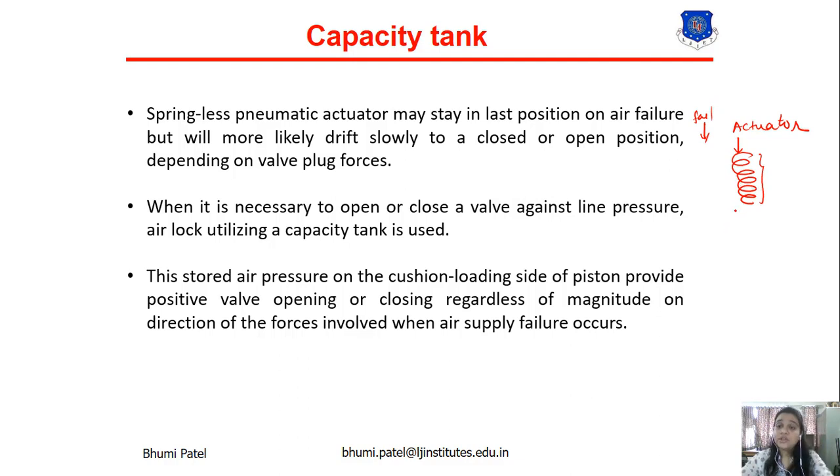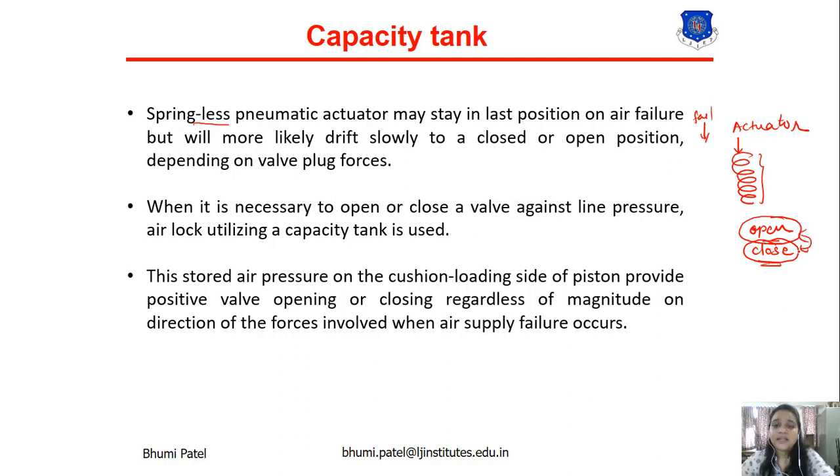Suppose we use a springless actuator. Whenever the air supply pressure fails, we get the last position of the control valve. But it may be an open valve or a closed valve. So in a power failure or air supply failure, if the last position of the control valve is open, it slowly moves the valve to the closed position, and vice versa.